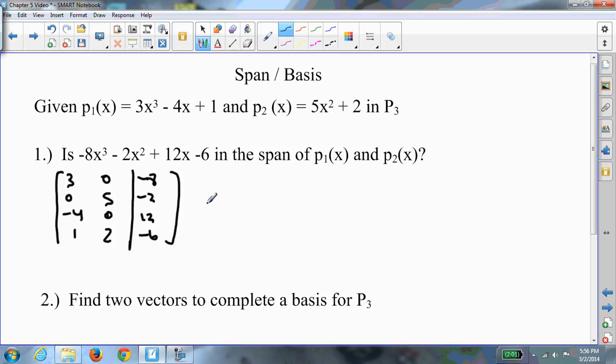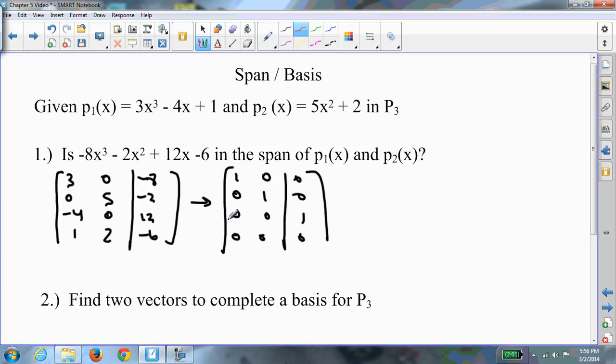So if I do the RREF on this, I get 1, 0, 0, 0, 1, 0, 0, 0, 1, 0, 0, 0. Reading this third row, this would mean that 0c1 plus 0c2 equals 1, which means there is no solution, and therefore it's not in the span.